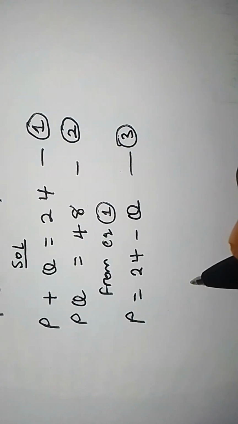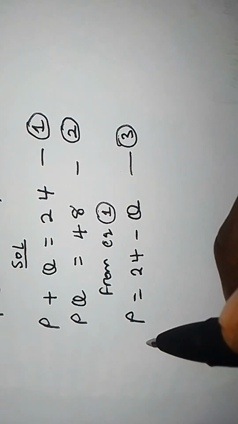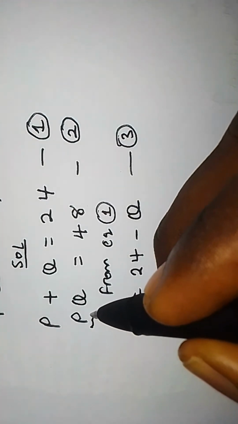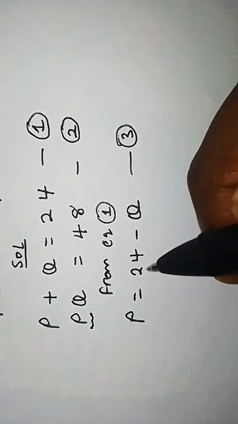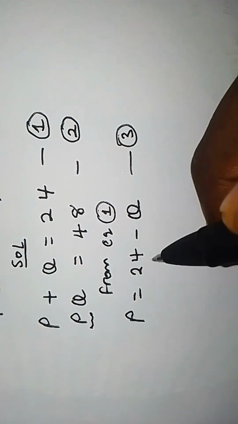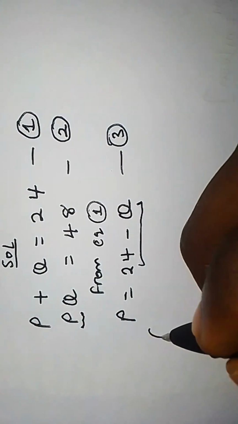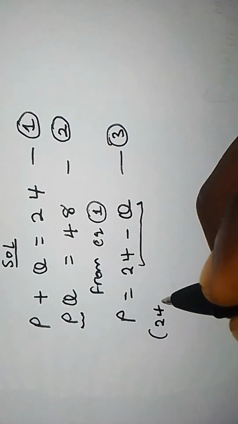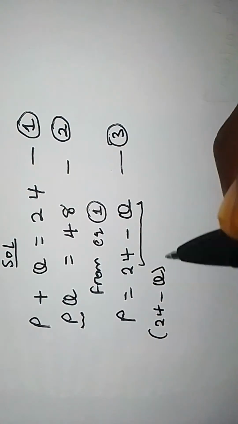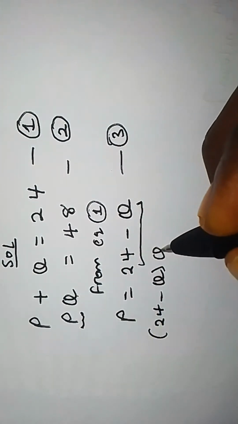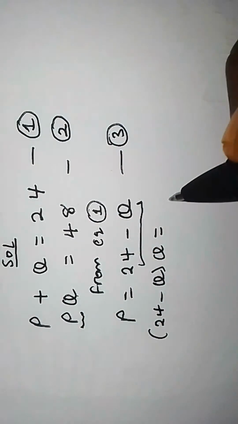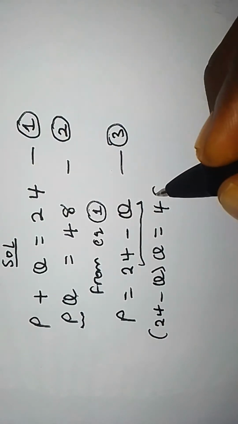What we are going to do now is to replace this P in equation 2 with 24 minus Q. So doing that, we're gonna have (24 minus Q) times Q equal to 48.